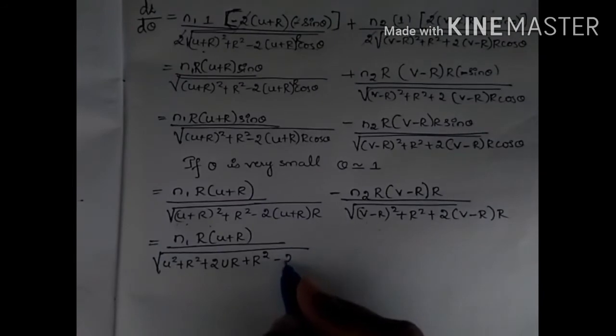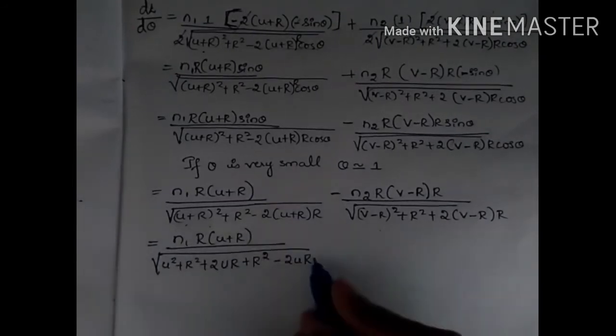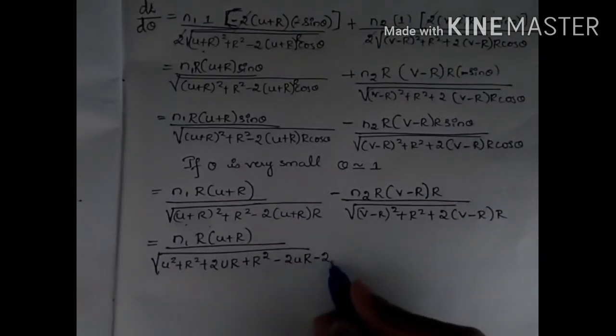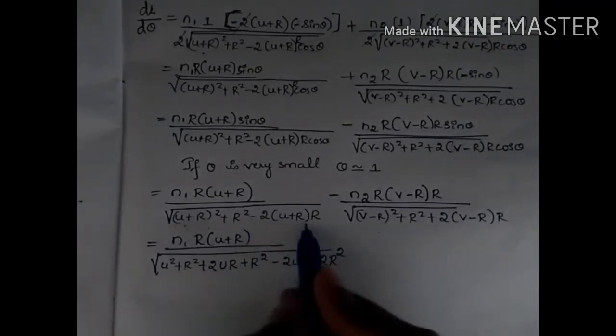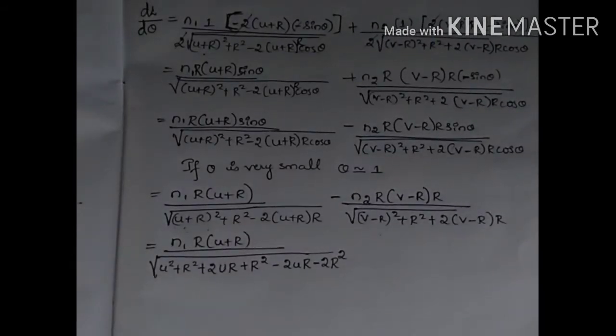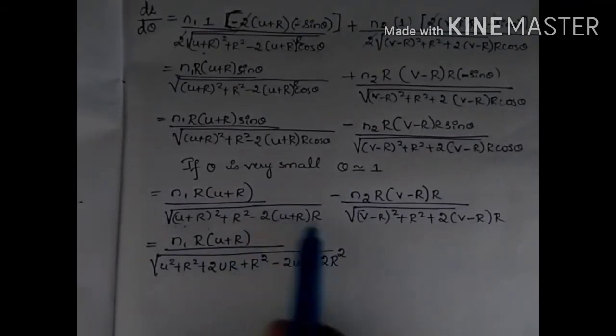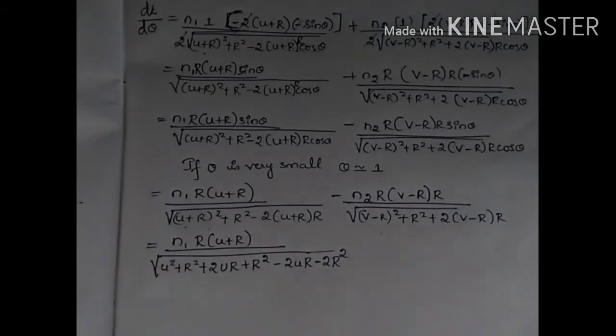Minus 2ur minus 2r square. Here I have removed the bracket and multiplied 2r to the (u plus r).